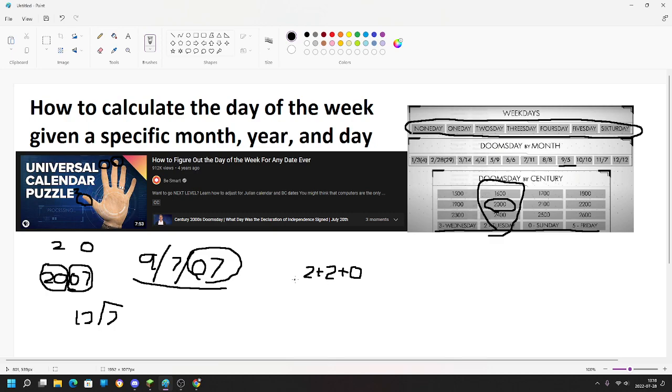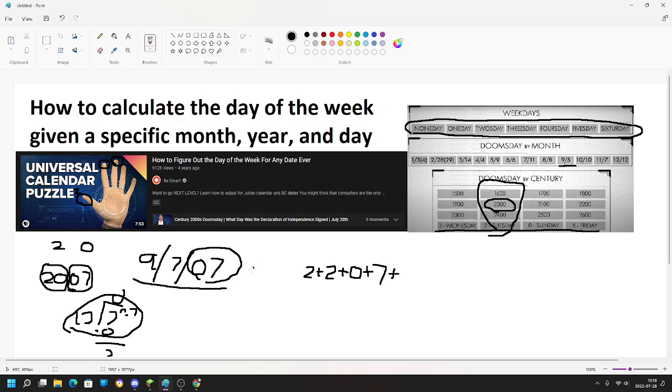And then the next part of this is you want to find the remainder of this number right here. Since 12 goes into 7 zero times, that's a remainder of 7. So plus 7.